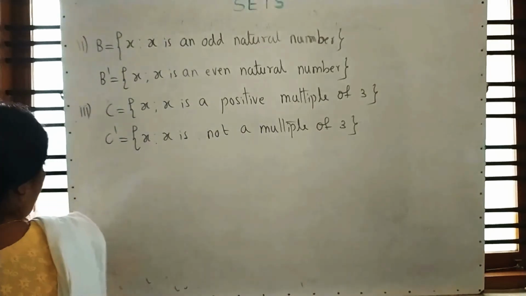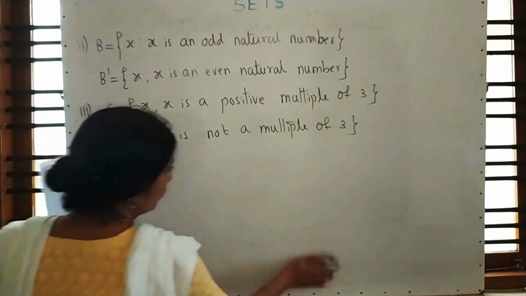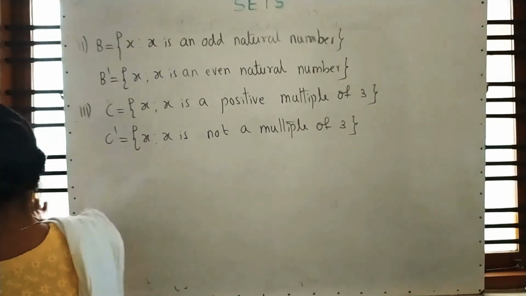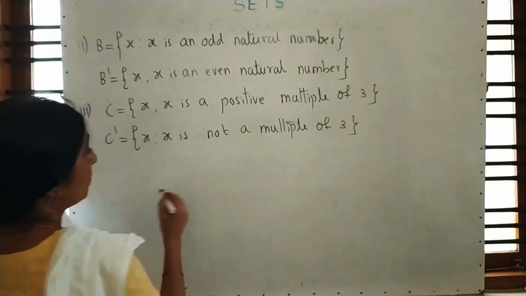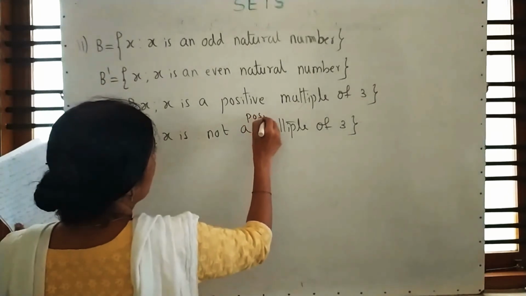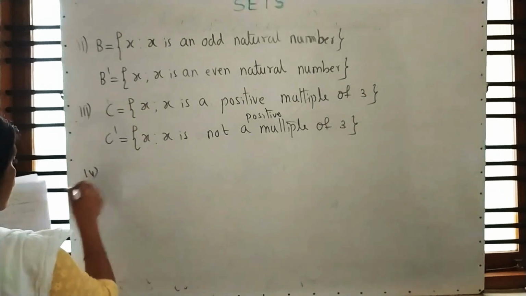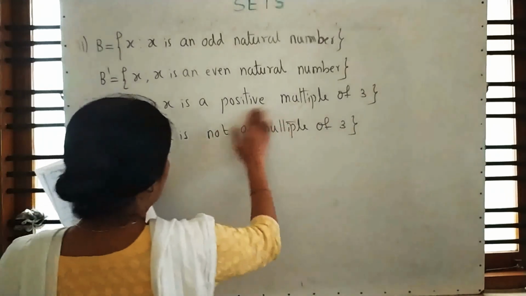And remember, it is positive only because the set of natural numbers contains only positive numbers. Sorry, not a multiple of 3.